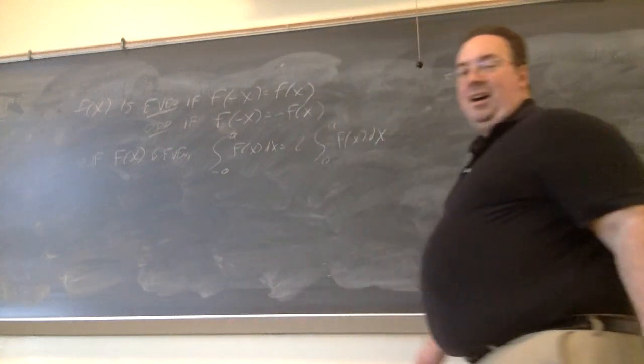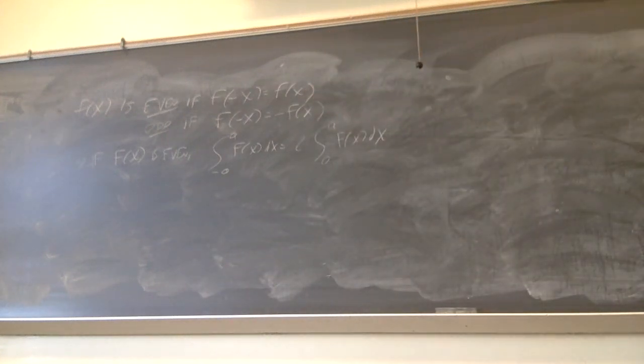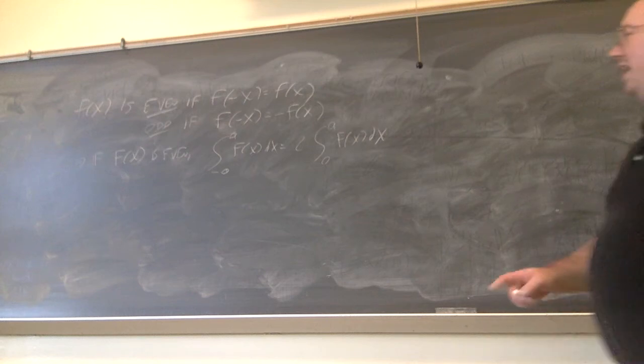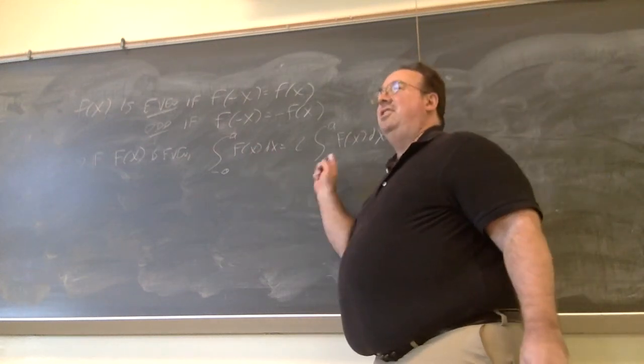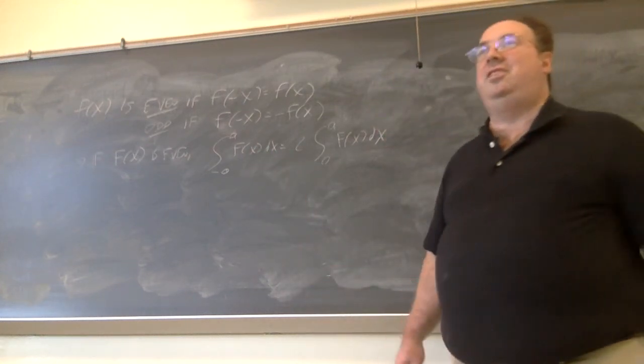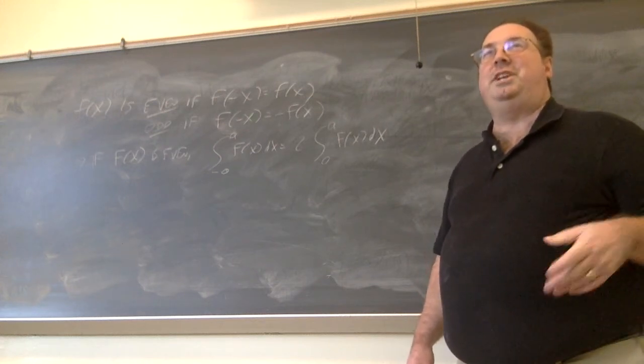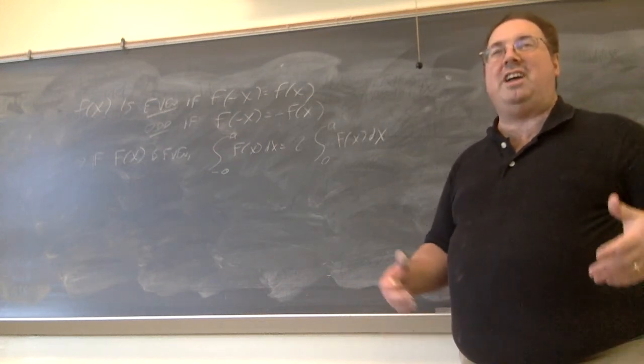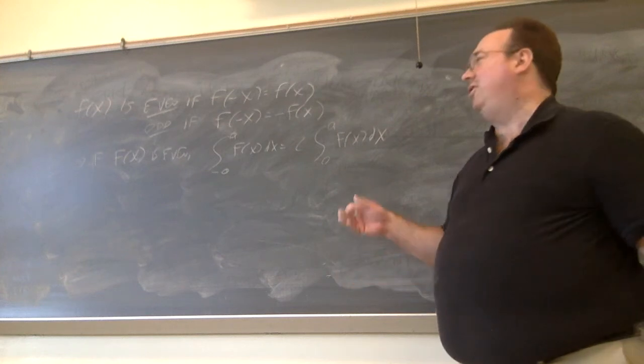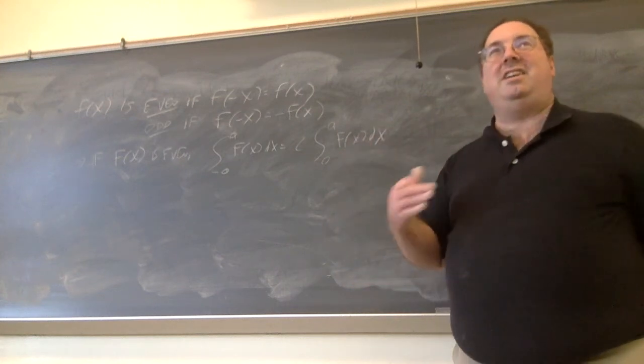Now, and this is for anyone who will ever teach Cal 2 someday. Because it's easy to think, okay, so I've rewritten this integral as this integral. And for students in Cal 2 who are so sick of computing antiderivatives, you're going to think, well, what does that get me? I still have to do the same amount of work. I still have to come up with an antiderivative for this. Yes, you do.